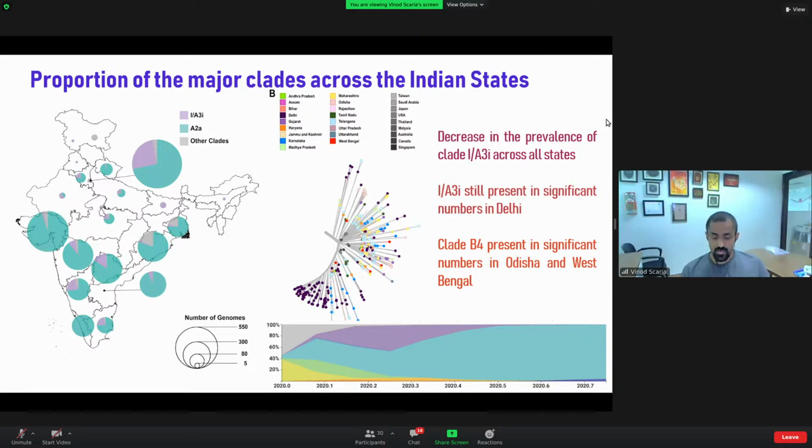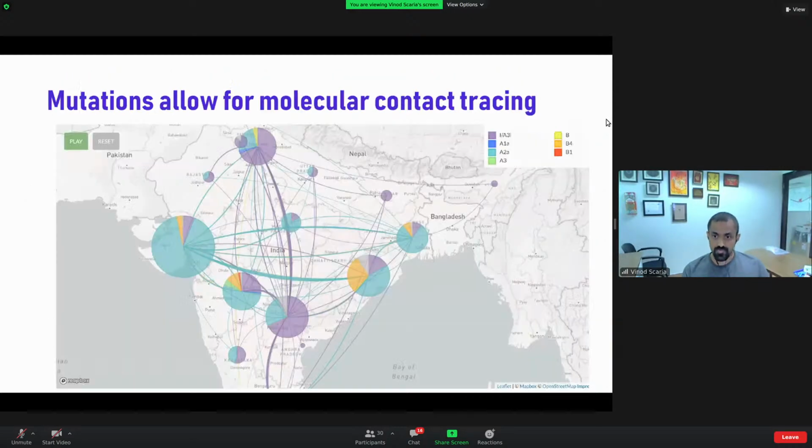So this is one of the applications of doing genomics, to identify very specific lineages, not just identify lineages, but also understand their origin and their spread across. And as you see here, over time, this particular lineage ceased to exist because it was overwhelmed by another lineage, what we call as the A2A, which contained the D614G genetic mutation in the spike protein.